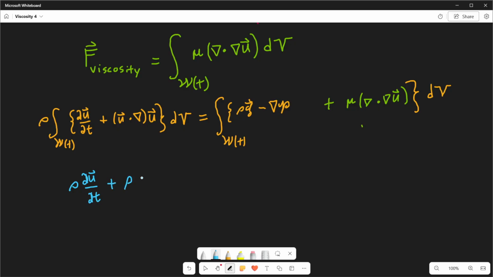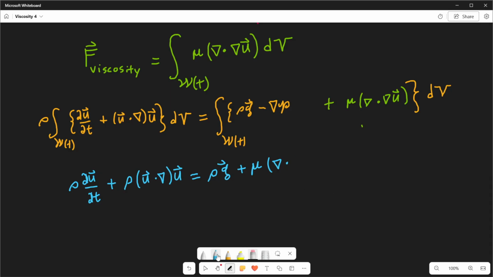plus the advection term that equals the overall force term plus the viscosity term, except I wrote that wrong.